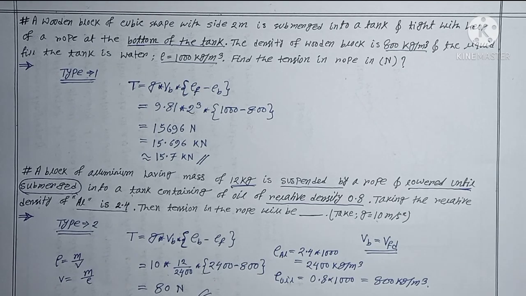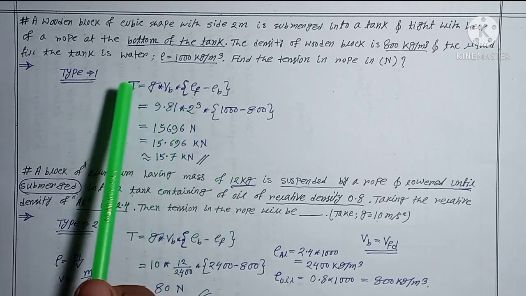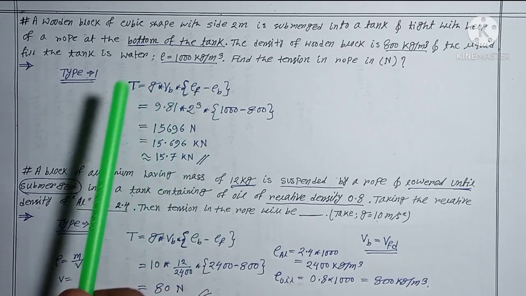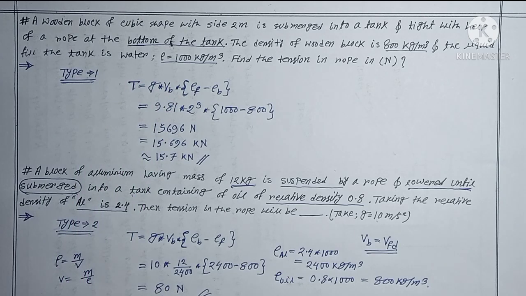So if you get the idea of how you can find the value of tension in a rope in both cases, type 1 and type 2, and how easily, without equating the forces in the upward and downward directions, you can directly remember the tension formula. Simply G you can take common, because the first thing you have to remember is that the tension is nothing but, in this case, the difference in weight.